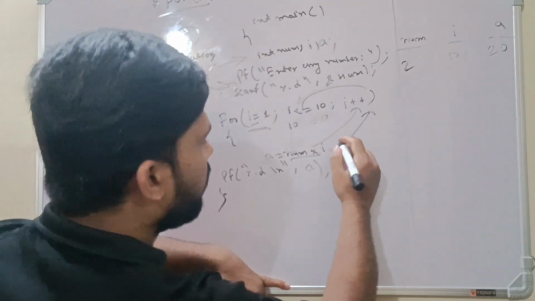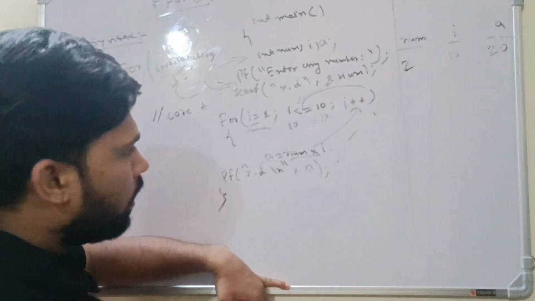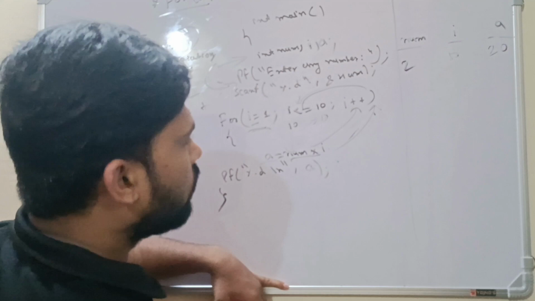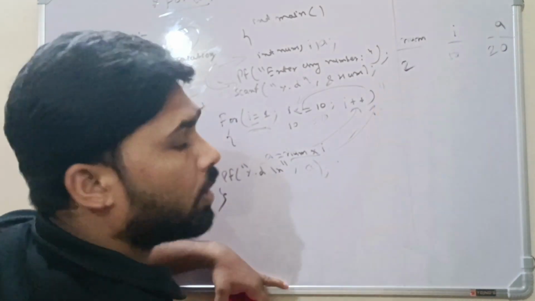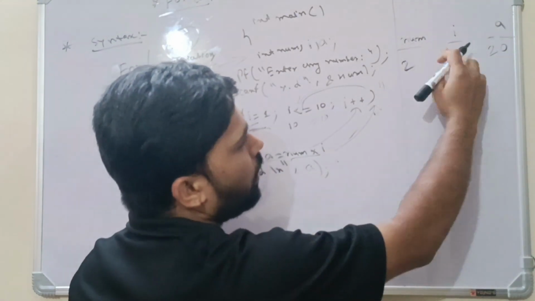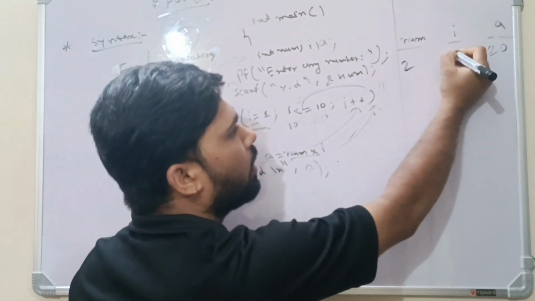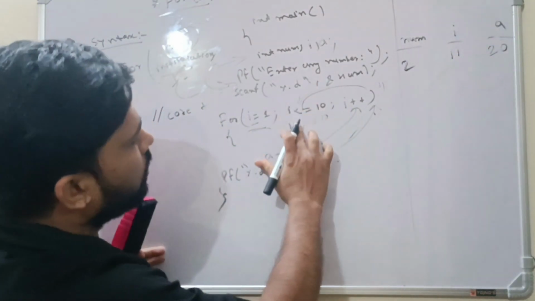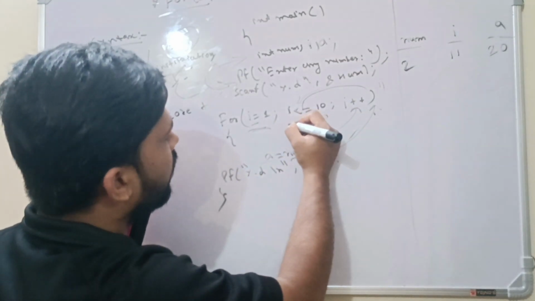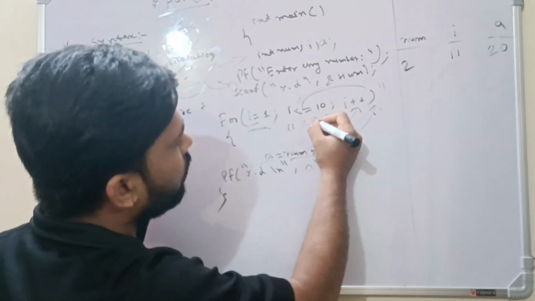Suppose 20 has come, then again it will go to the i++, the increment will happen, and i will become 11. Then again it will check the condition. i equals 11; is 11 less than or equal to 10?